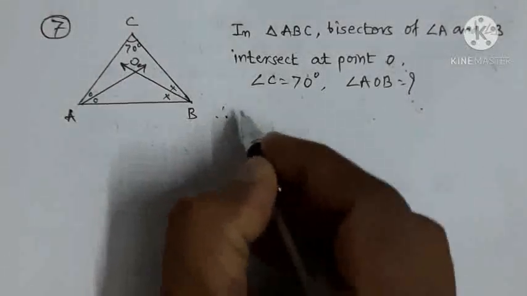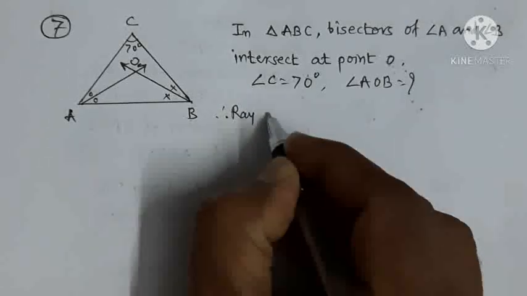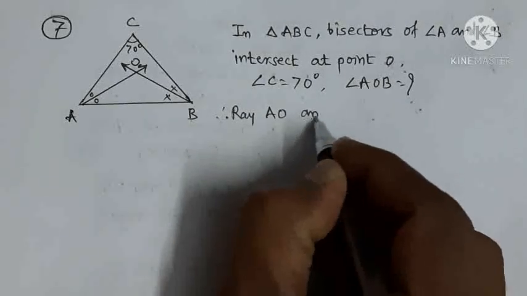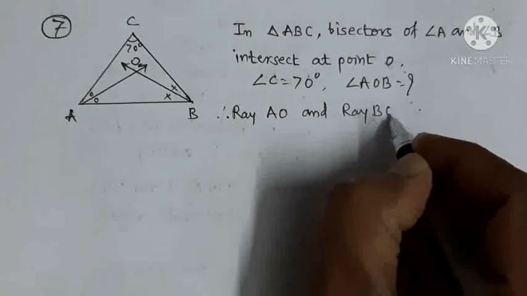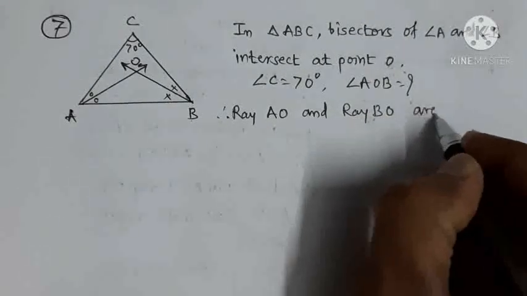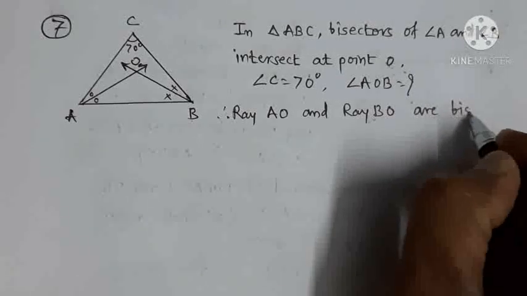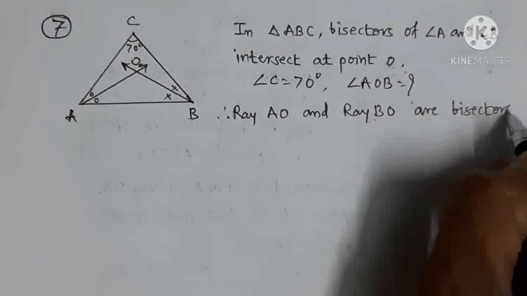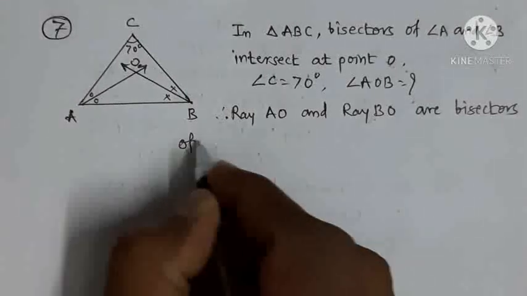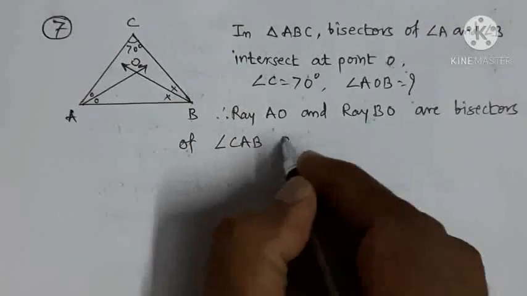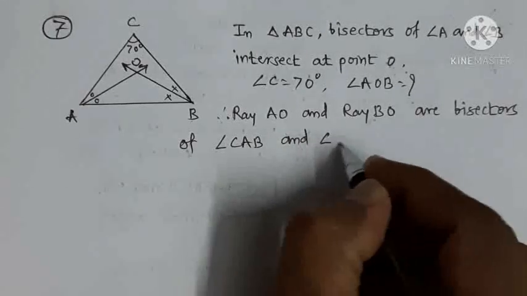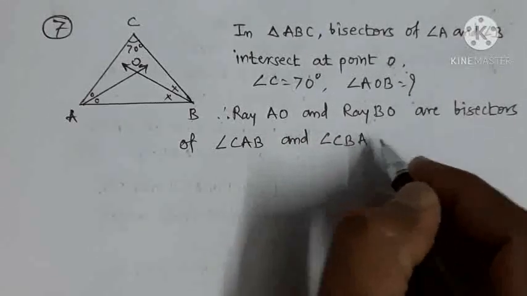Therefore, ray AO and ray BO are bisectors of angle CAB and angle CBA respectively.